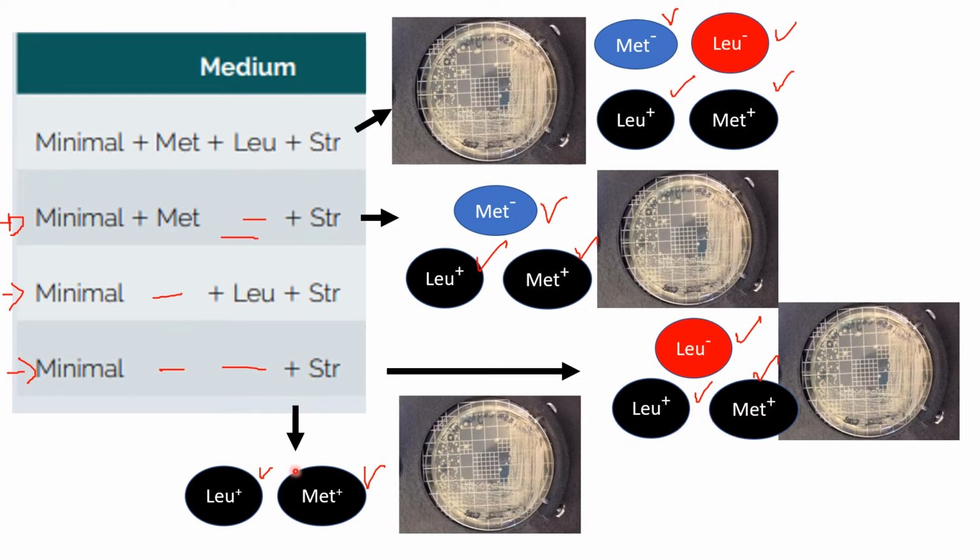How do you do it? By subtracting the number of colonies here. And the same thing will happen here. If you need to look only for the colonies that only grow with methionine, you have to subtract this one. In addition to that, the other component they are asking you for is a percentage. And how do you find a percentage?